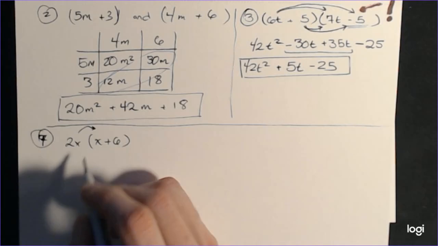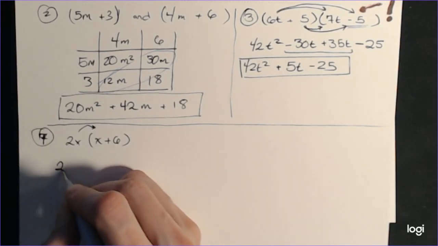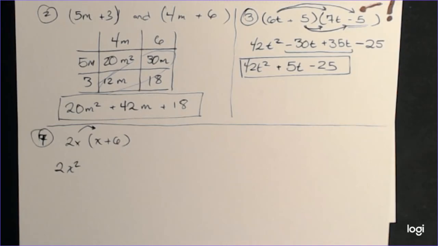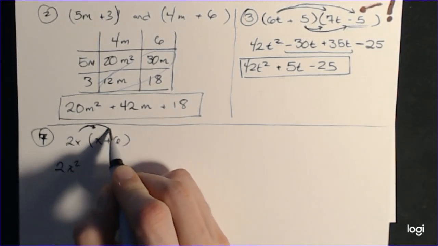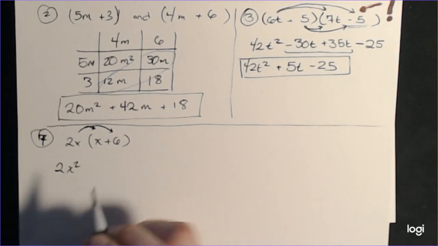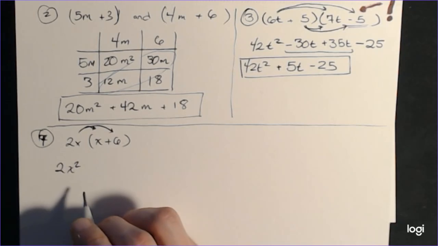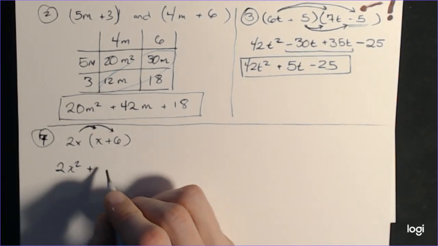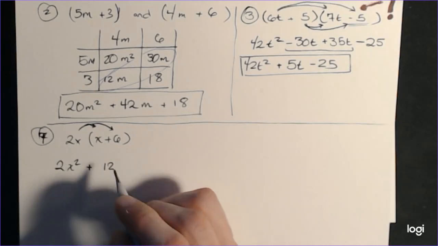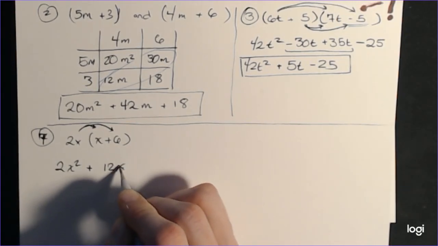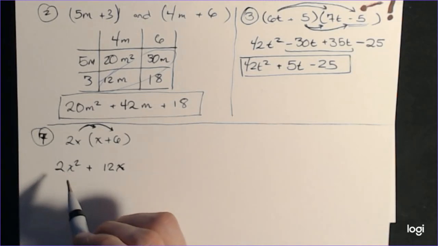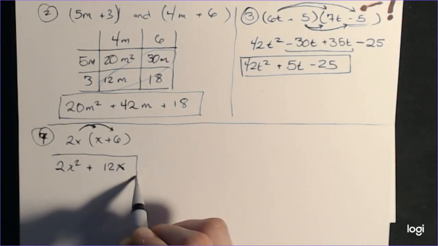There's no constant, it's just a 1 there, so we just get 2, and then x times x, we get x squared. Then we have to multiply by the second term here. 2 times 6, that gets us 12. It's positive 12, so we'll write plus 12, and then we still have that x. And that's it. We are done, so we can put a box around our answer.